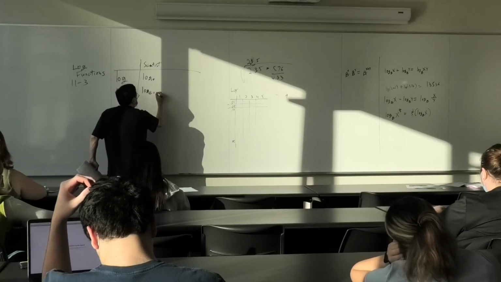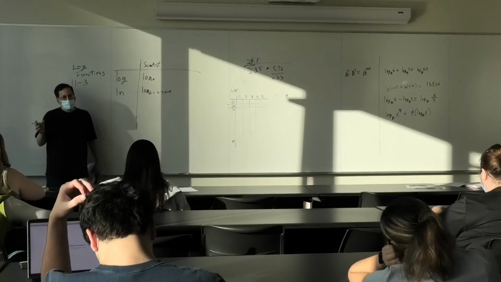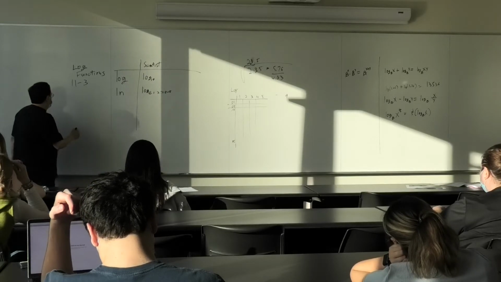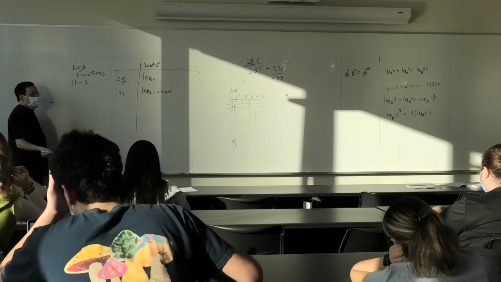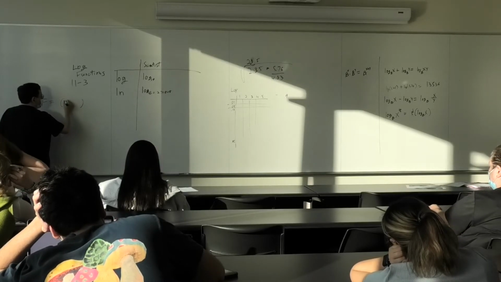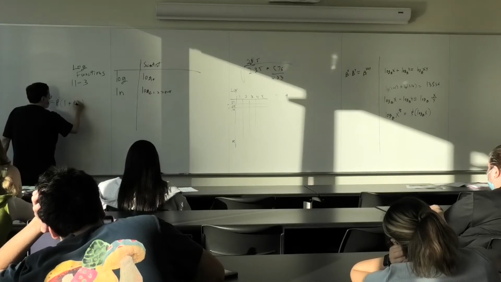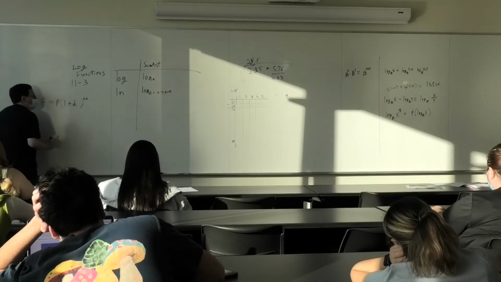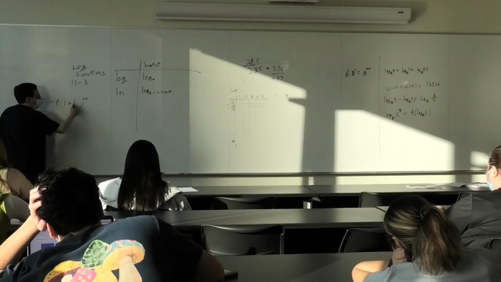E is about 2.71828. You may remember when we were doing financial stuff, we were doing compound interest, and we wanted to find the future value on some investment where we're doing interest. Principal times 1 plus r over n to the ny. So if you want to calculate yearly or bi-yearly, you can use a different n.